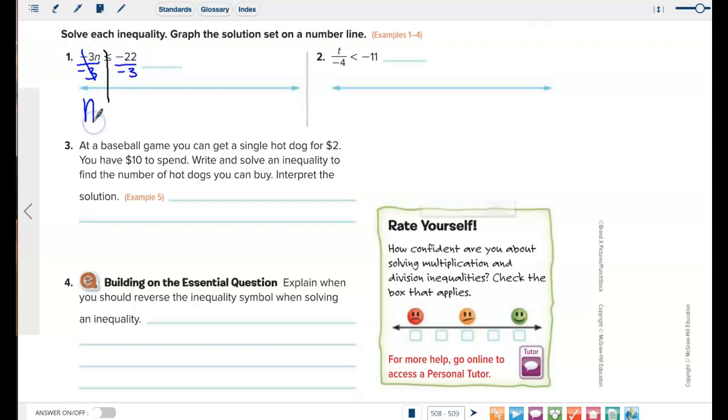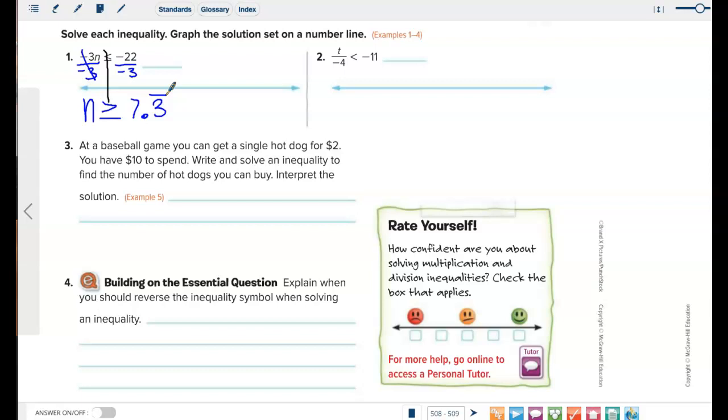Now, since I divided by a negative number, my inequality sign switches. So I flipped it. And then I just do negative 22 divided by negative 3, and that gives me a positive 7 3/10 repeating. So again, I'm going to say this. When you multiply or divide by a negative number, your inequality sign switches.